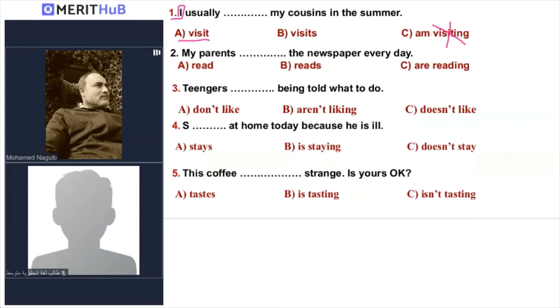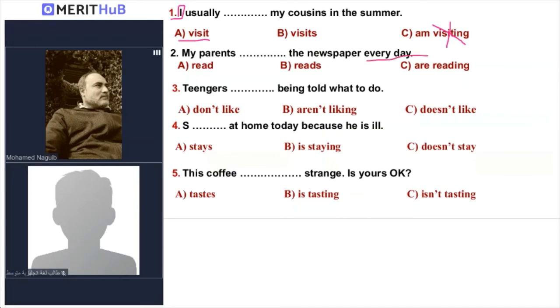Now move to number 2. My parents the newspaper every day. If you have a look at Mega Goal 1, you will find the exercise, or this sentence, sorry. So my parents, the subject is my parents, and we have every day.